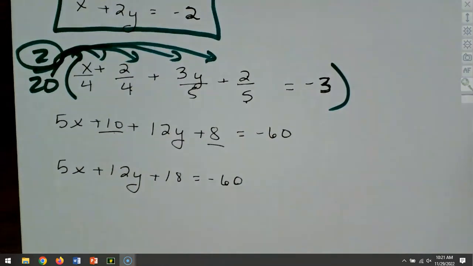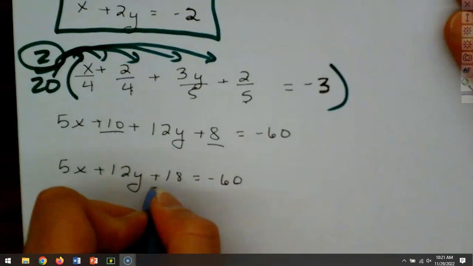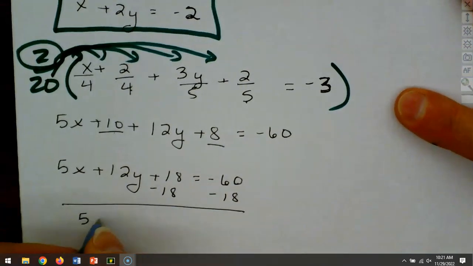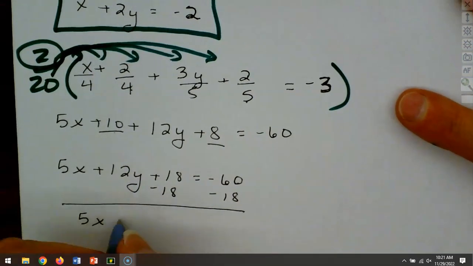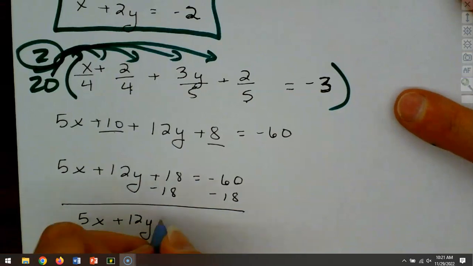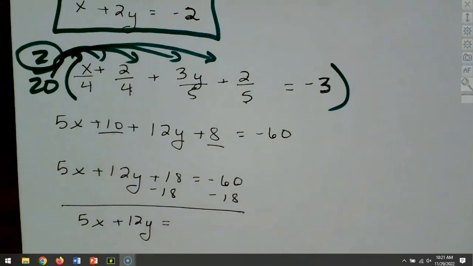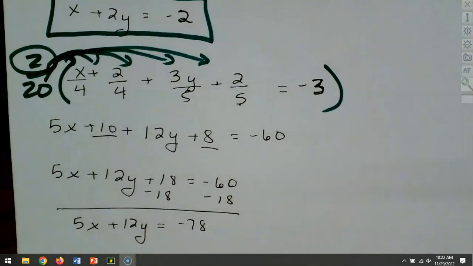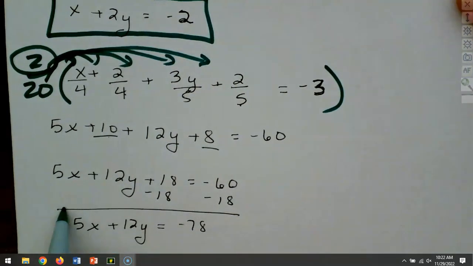We're almost finished here. Move that 18 over with subtraction. So now we've got 5x plus 12y equals now, we've got 60 plus 18, both negative, which makes it a negative 78. So there is our second equation.